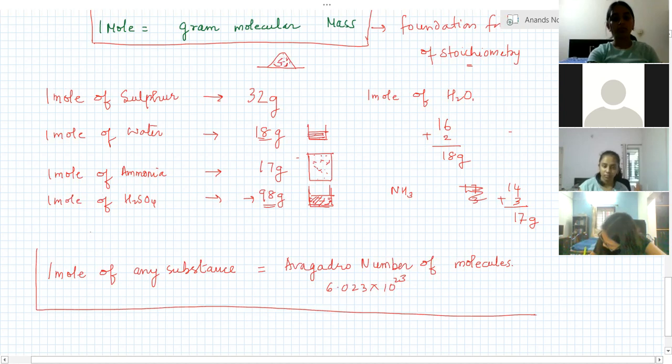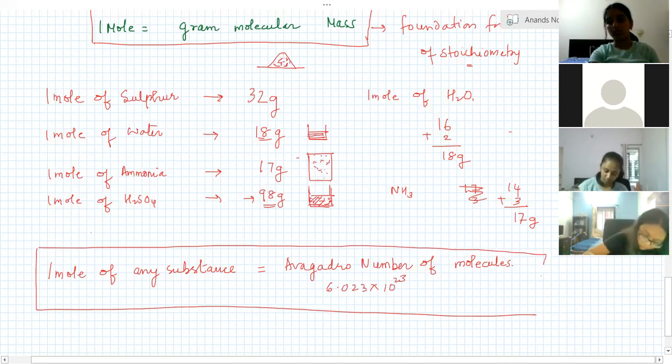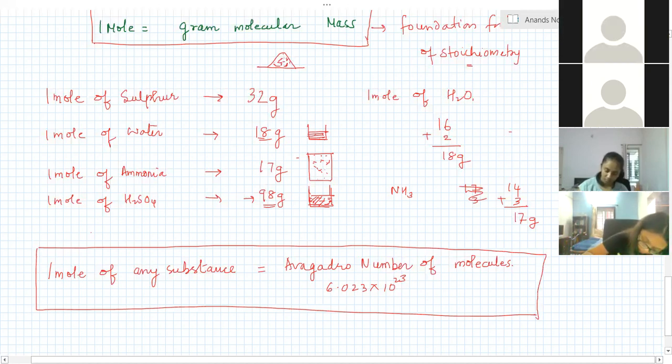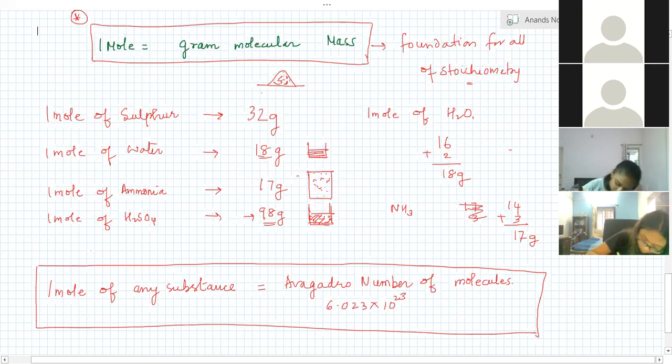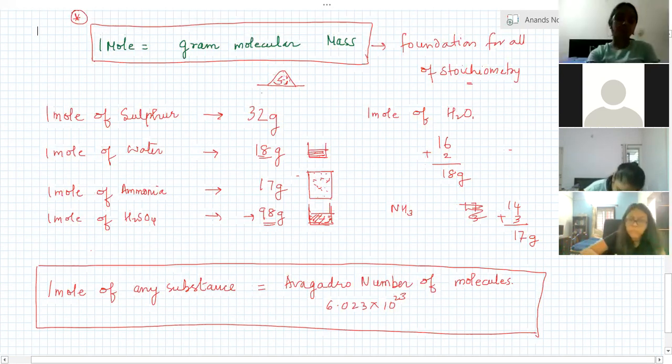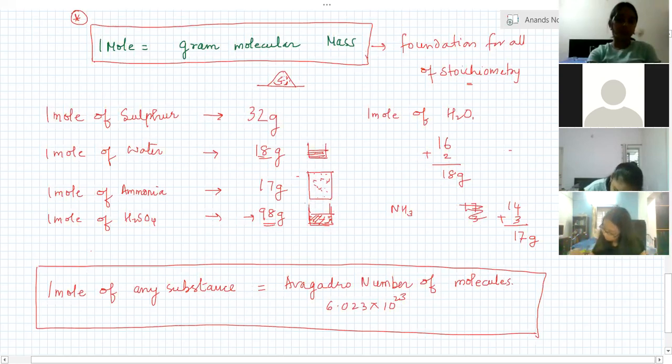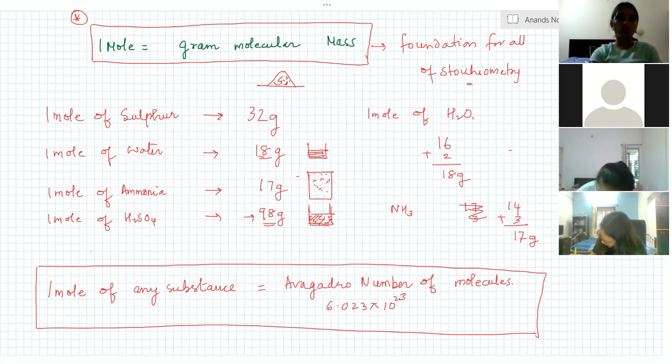So I want you to remember these two statements side by side. One is 1 mole is nothing but the gram molecular mass or gram molecular weight of a substance. And the second statement is 1 mole of any substance contains Avogadro number of molecules. Shreya, can you repeat the two statements for me?